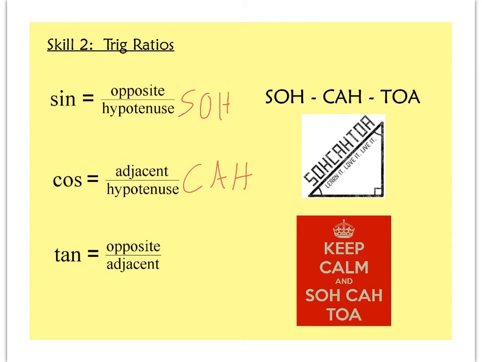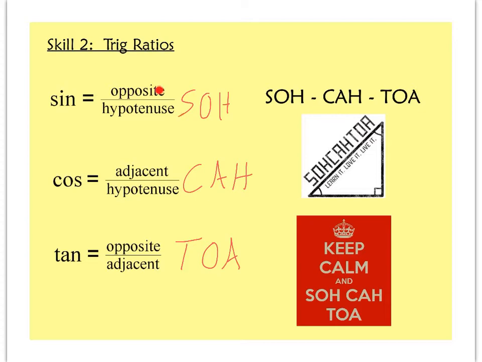And TOA, tangent opposite adjacent. We say it that way to not only help us remember what we use in each ratio, but also the order.